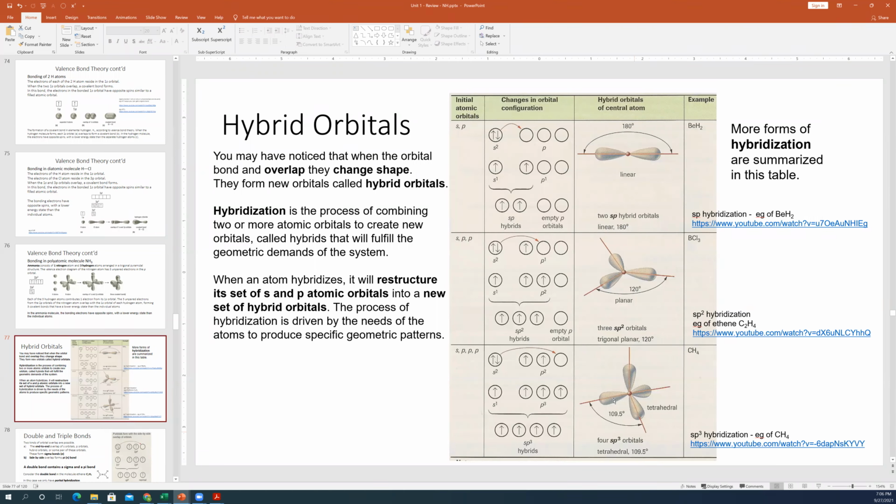These sp3 orbitals will arrange themselves in a tetrahedral fashion. If you can imagine 4 balloons that you're trying to tie together at the tails, this is exactly how they're going to orient themselves, maximally as far away from each other as possible, with an angle of 109.5 degrees between each of these orbitals.